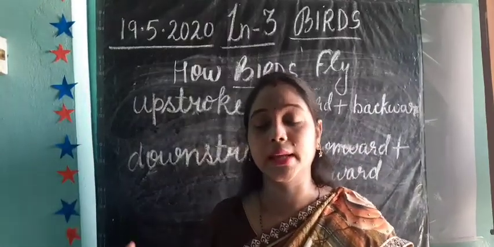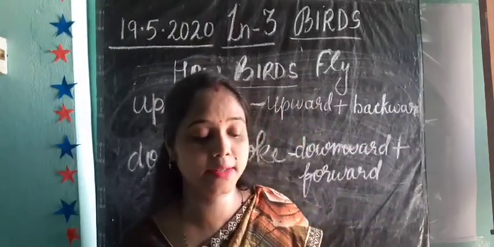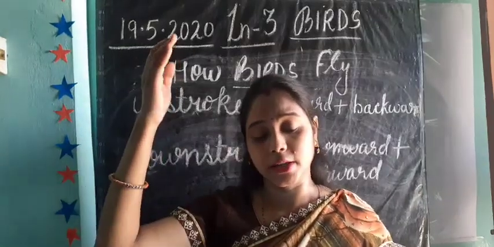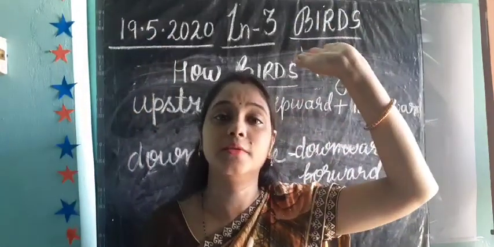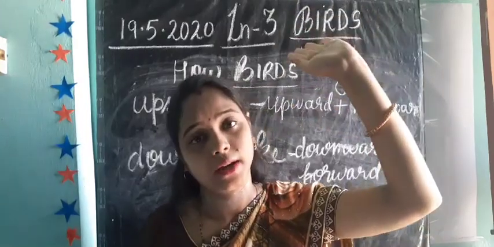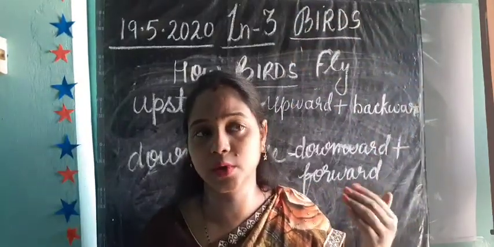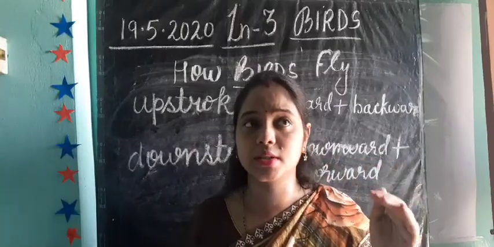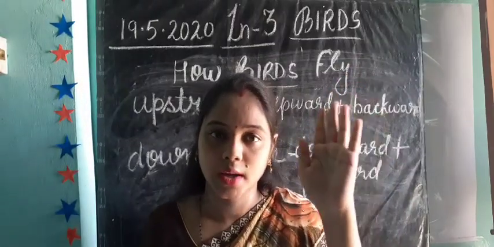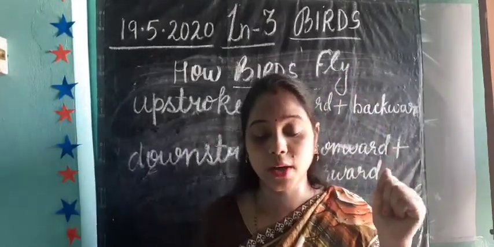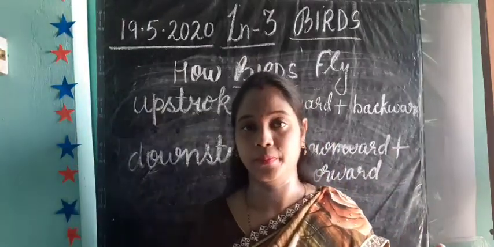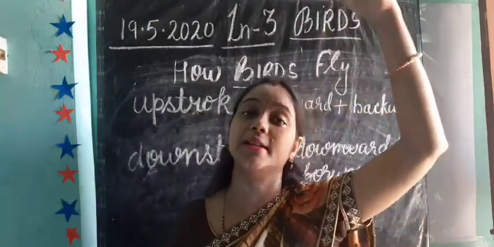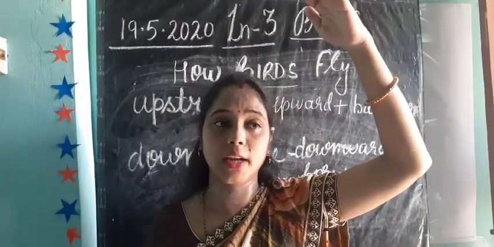Then eagle, vulture and kites fly at a great height. Great height means they can fly as high as mountain height sometimes, and their eyesight is very good, as they are flying at a great height.